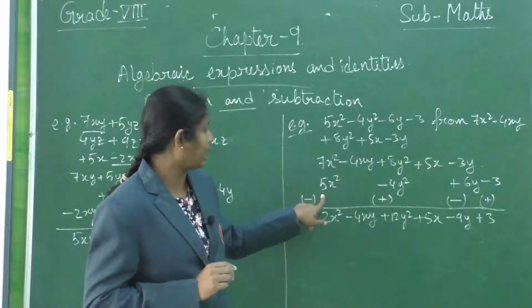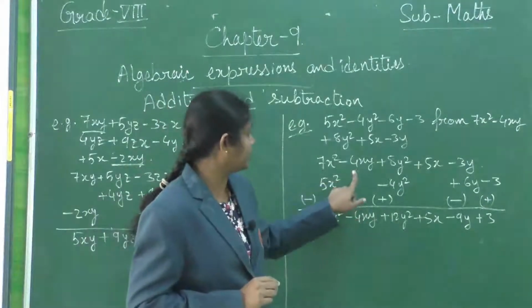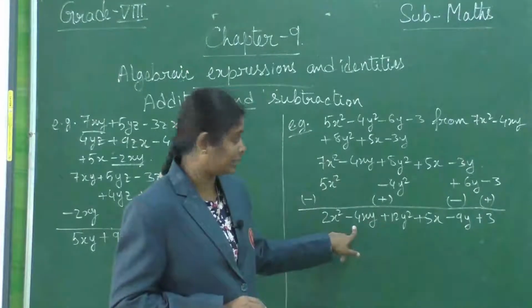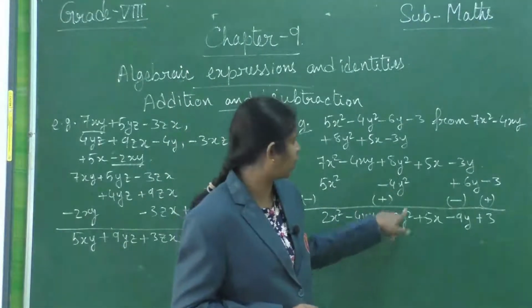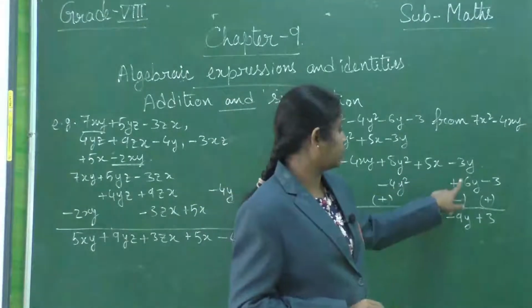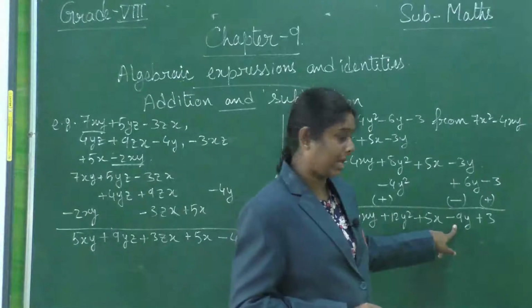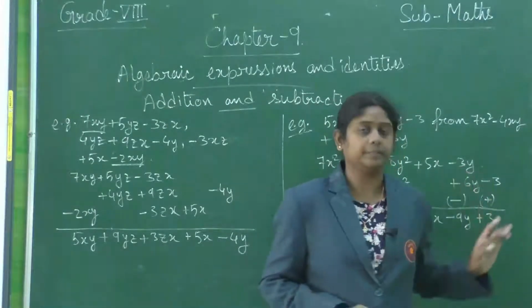So 7 minus 5 gives you 2. Here nothing is there, means 0, so it will come the same as it is. Here minus 8 plus 4 gives you plus 12, plus 5x as it is. Then minus 3y minus 6y gives you minus 9y, and minus 3 converted to plus 3.